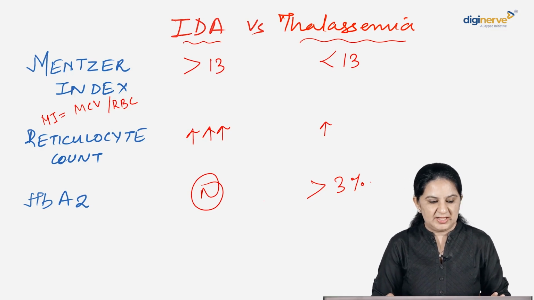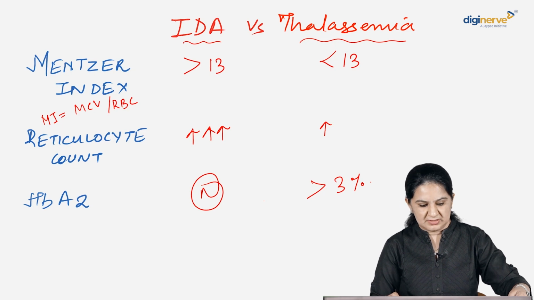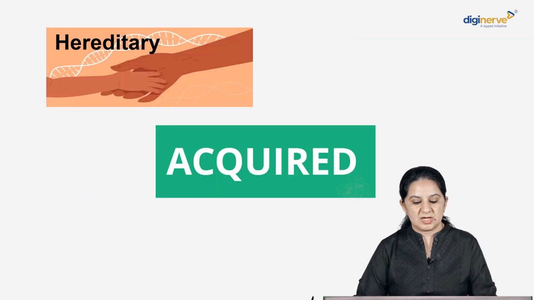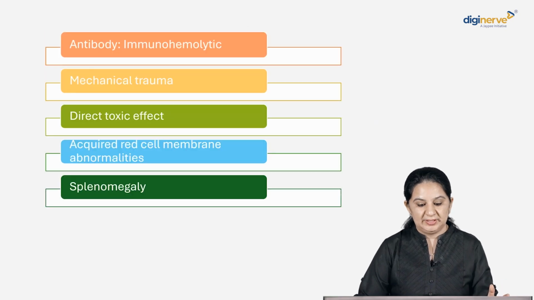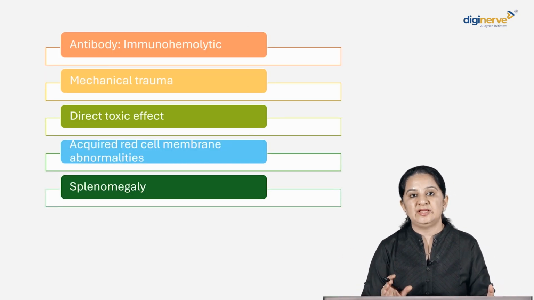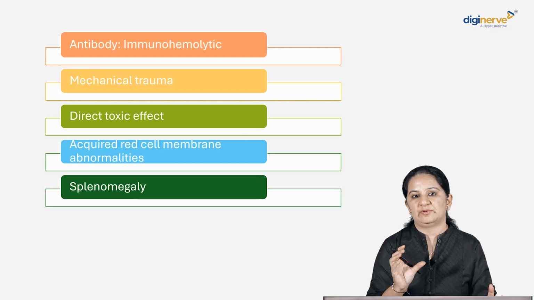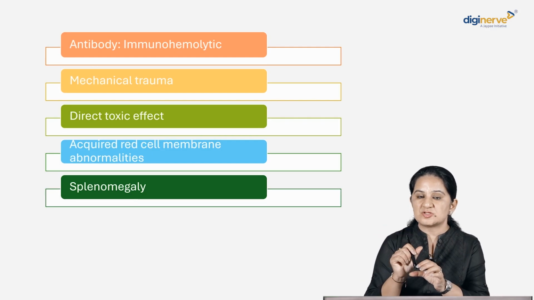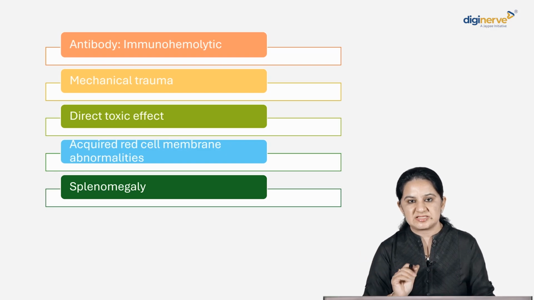So this brings us to the end of thalassemias or the hereditary hemolytic anemias. So let's now start with the acquired hemolytic anemias. In the hereditary hemolytic anemias, we studied that the defect was with the red blood cell, whether within the cell because of enzymopathies or hemoglobinopathies, or because of the red cell membrane.